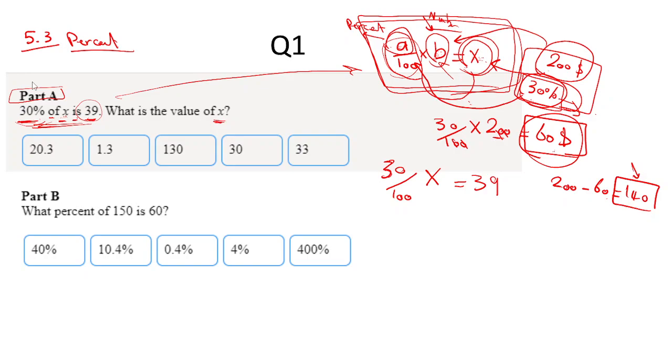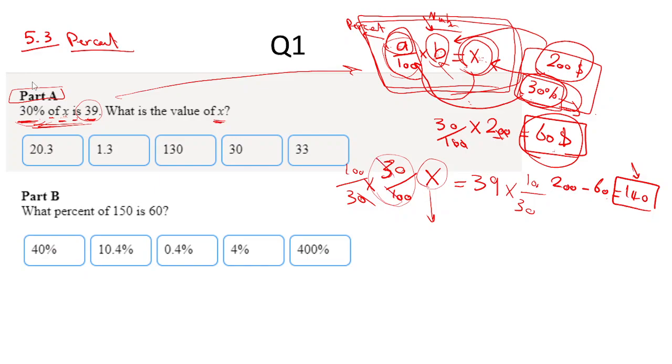Okay, so let's simplify this one. I need now to get X. So to get X, I have to remove this one. How can I remove it? By multiplying by 100 over 30, and the other side will be multiplied by 100 over 30 also.